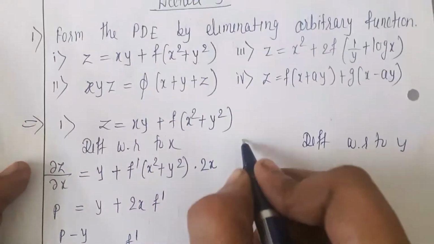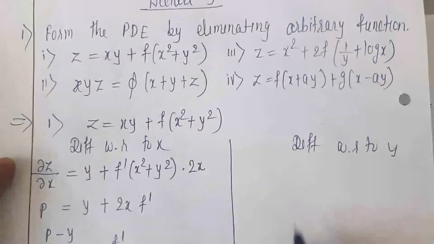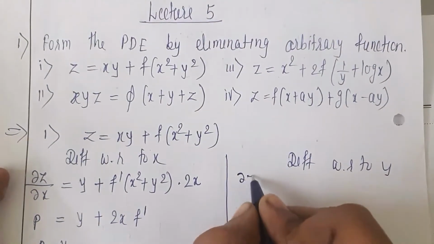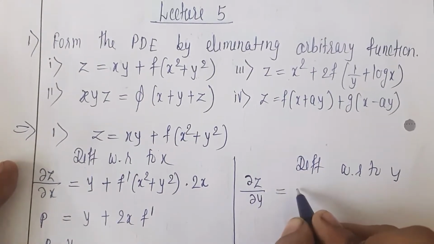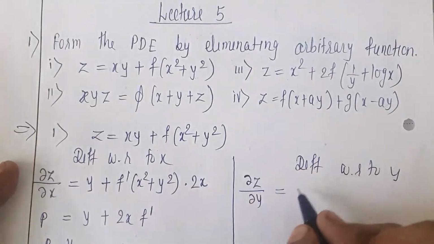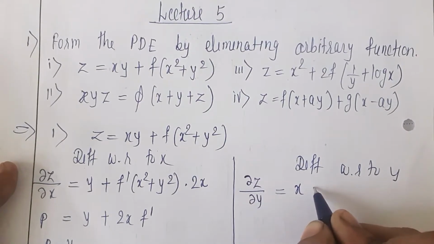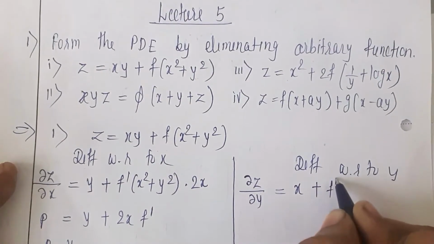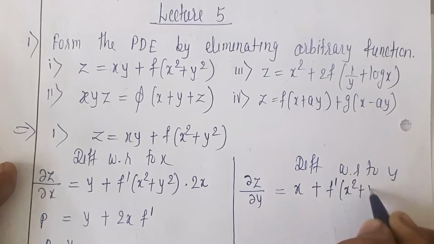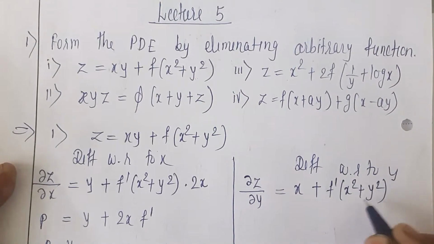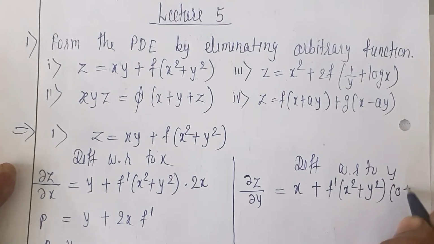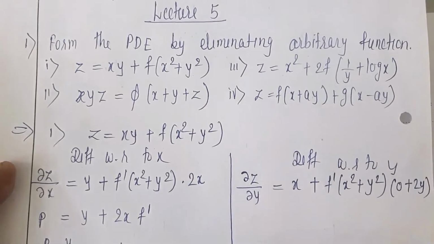Next, second, differentiate with respect to y. So del z by del y is equal to the derivative of xy with respect to y. So x as it is, y derivative is 1, plus f dash of x square plus y square multiplied by the derivative of x square with respect to y, which is 0, and the derivative of y square with respect to y, which is 2y.